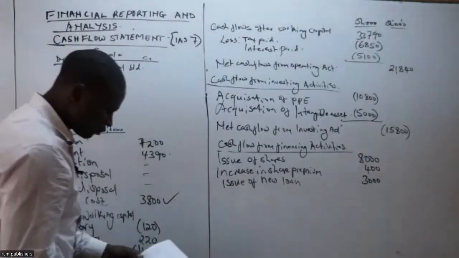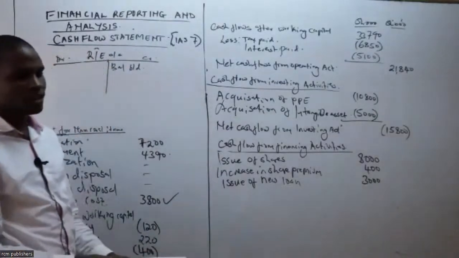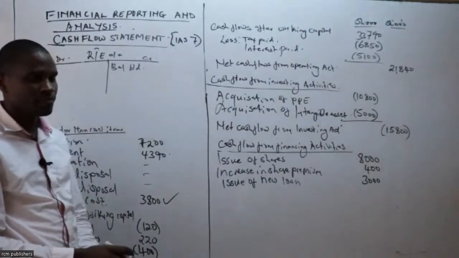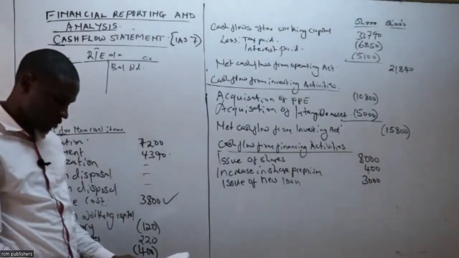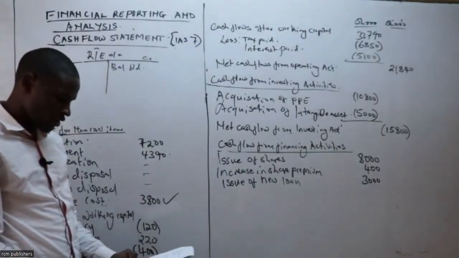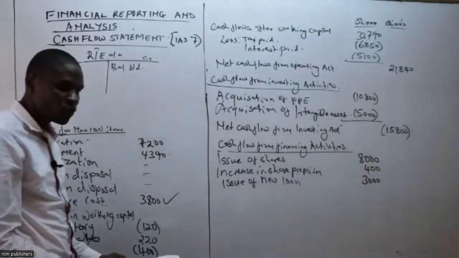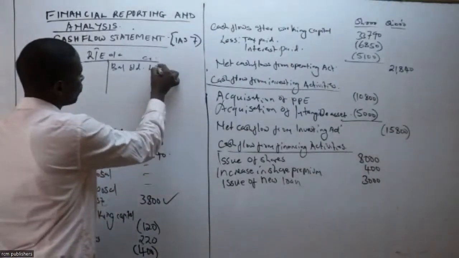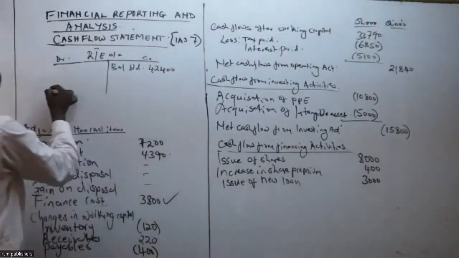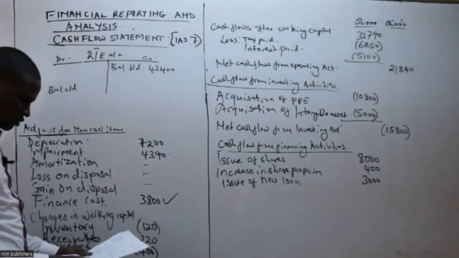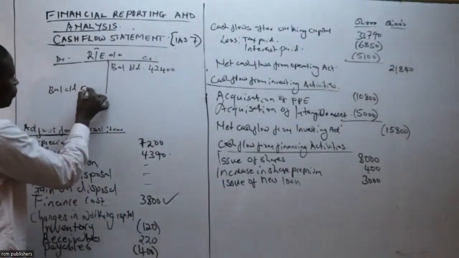Brought down. So can you give me the balance for our retained earning, the balance that was brought down? Our retained earning or retained profit is 42. Can you see 42,400? 42,400. And then the balance that is carried down, it is how much? 52,770.